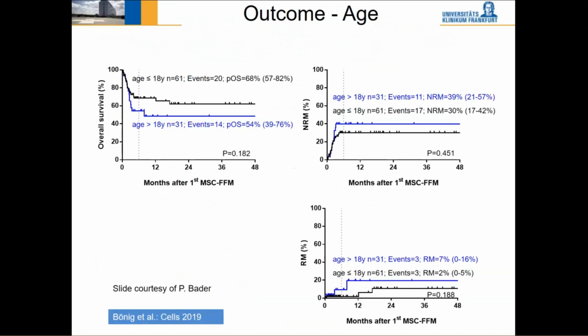Of note, this outcome was age-dependent, with a worse outcome for patients older than 80 years of age. This was true for the overall survival and also for the non-relapse mortality.